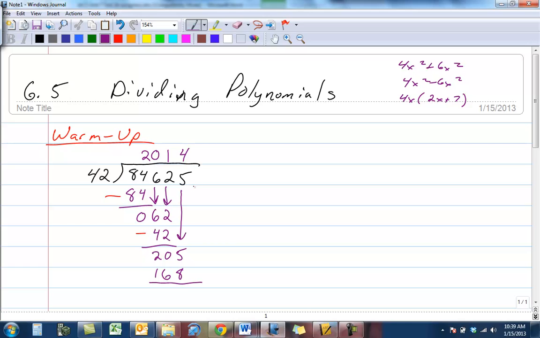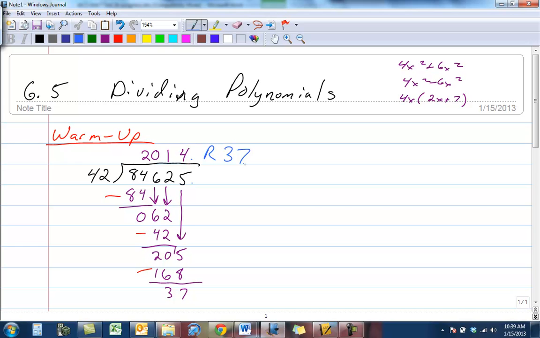And when we subtract this, we get 37. Look how old school this is going to go. So, we're at the end of 84,625, but rather than doing a decimal point and bringing down a 0, 37 is our remainder. So we're going to call this remainder 37.